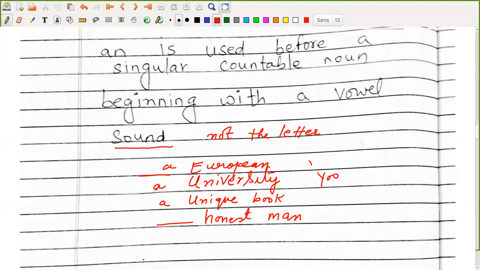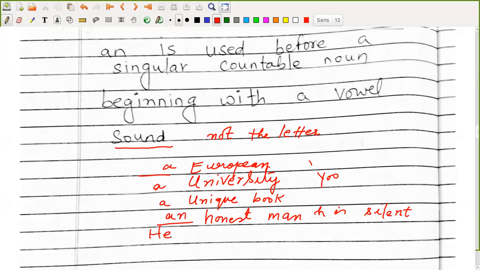U. It is a consonant. Y is a consonant. Then what will you use before honest? An honest. H is silent. So you have to remember that. See the pronunciation, not the word.